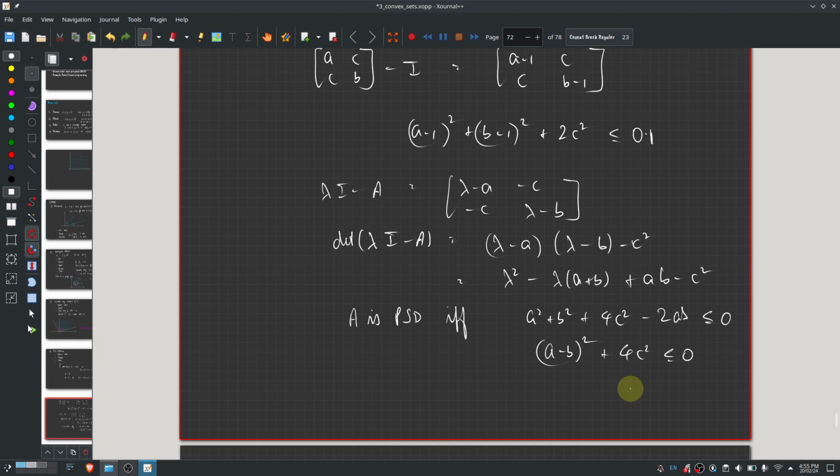Okay, is that the only set of positive semi-definite matrices we can have? Is that the only positive semi-definite matrix? Correct. But can you construct a positive semi-definite matrix which does not satisfy this?